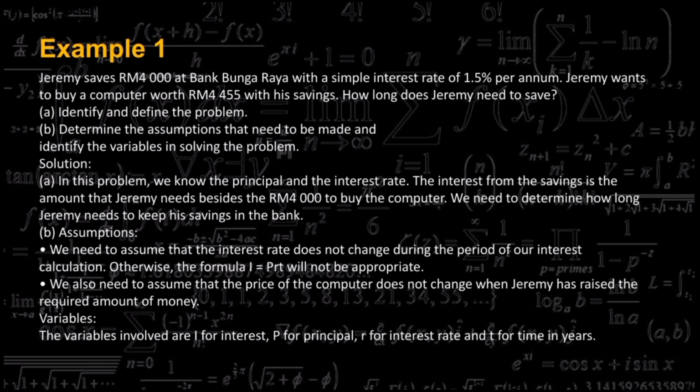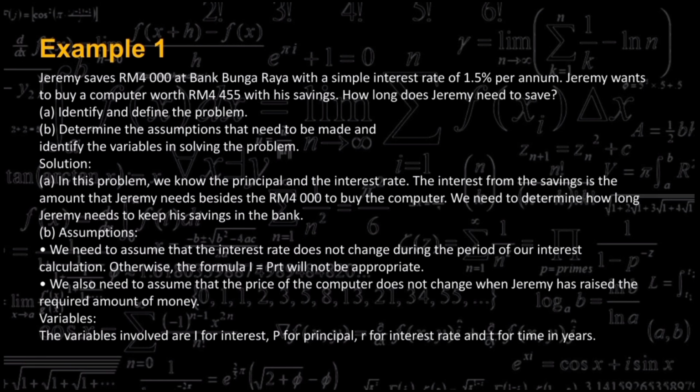In this problem, we know the principal and the interest rate. The interest from the savings is the amount that Jeremy needs besides the Rm4,000 to buy the computer. We need to determine how long Jeremy needs to keep his savings in the bank. Assumptions.